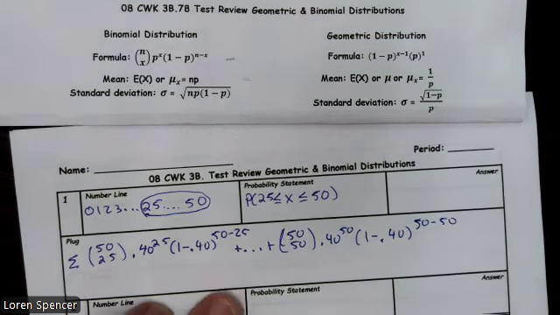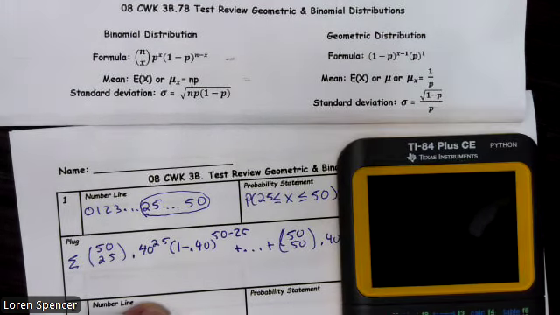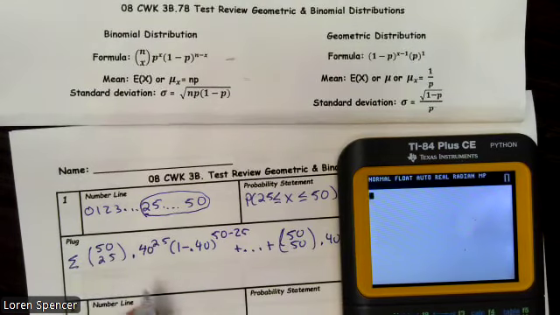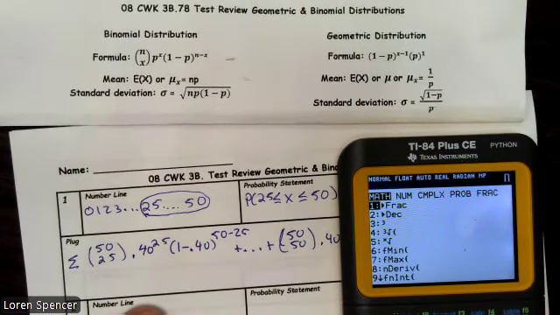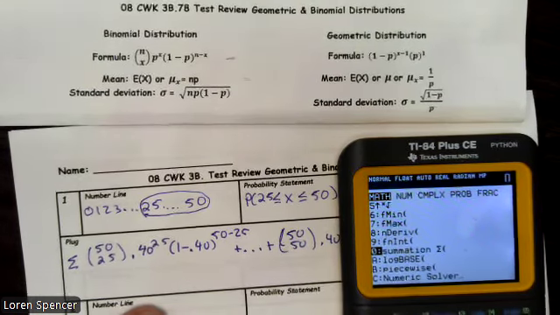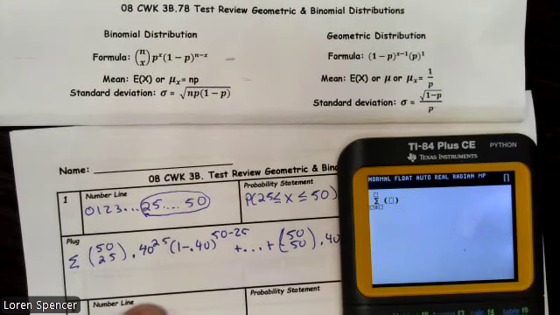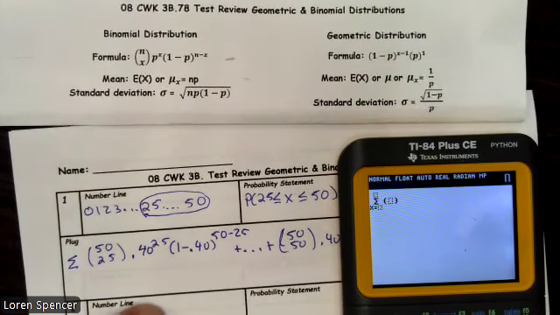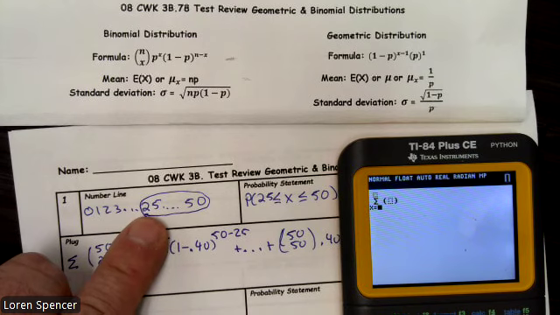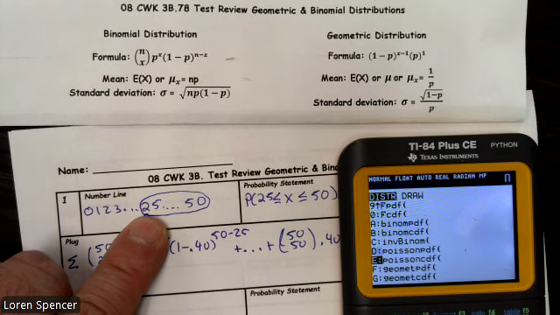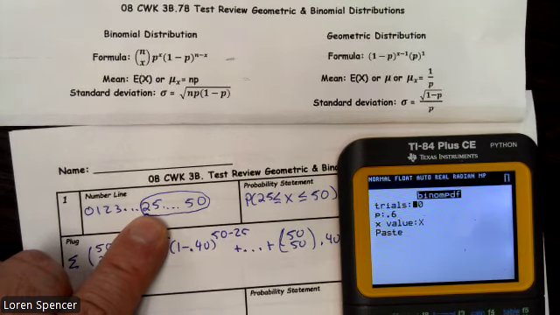All right, let's plug that into the calculator. Because it's a summation, I'm going to have to go to math, summation, X equals the lower bound of 25, the upper bound of 50. Second vars, binomial PDF.